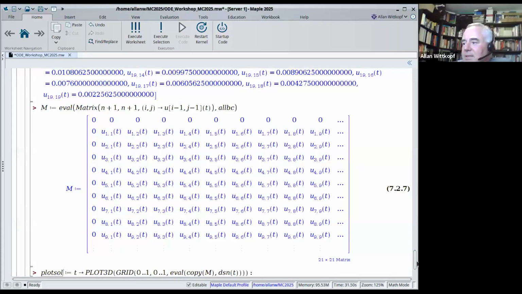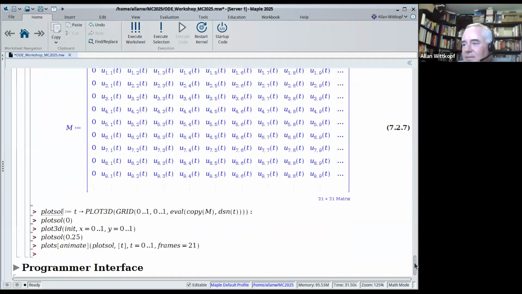Now, those of you who attended Dave's talk yesterday will recognize the plot 3D and grid hacks that I've got in here. These are just direct access to the 3D plot structure.